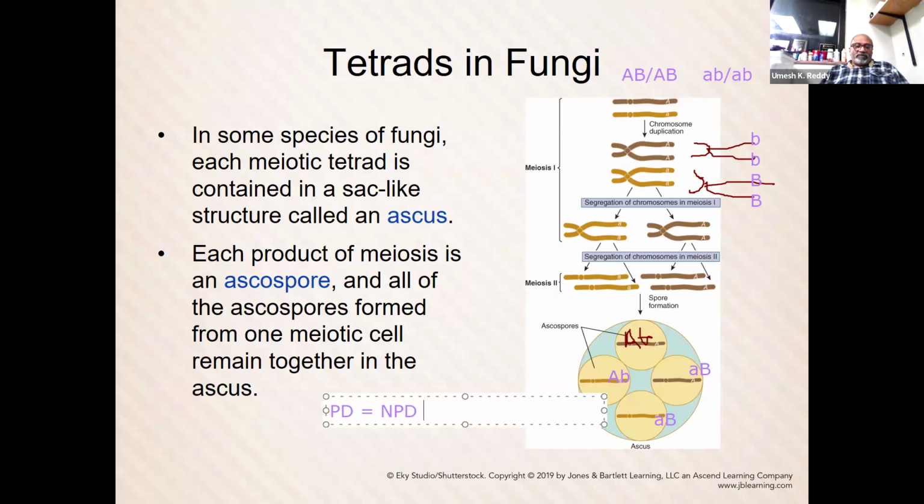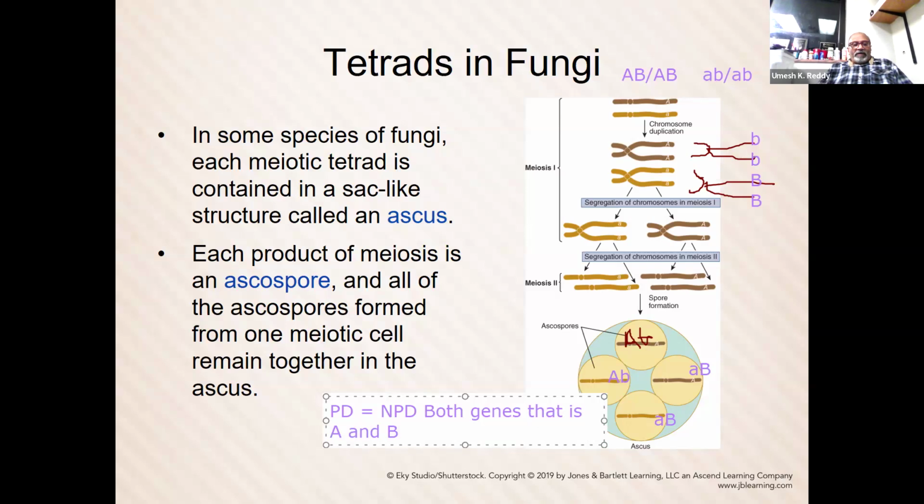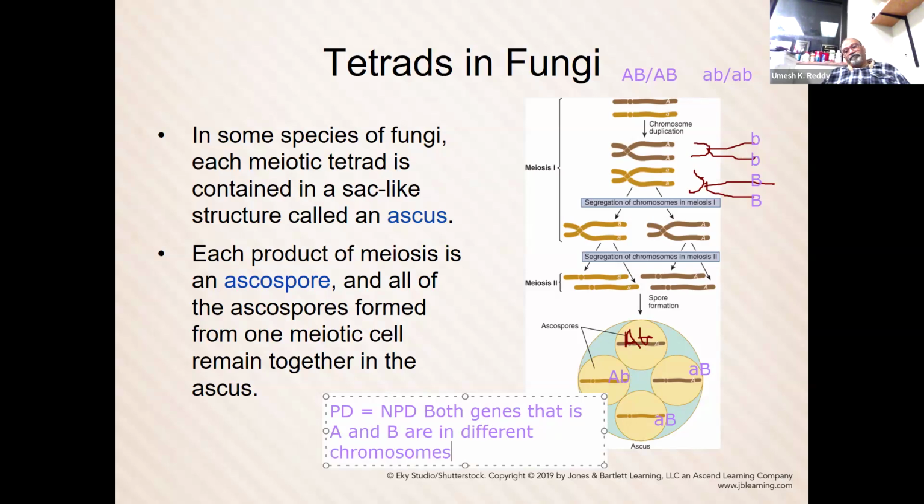Both genes are on different chromosomes. That is, A and B are on different chromosomes. So why did we get all 100% recombinants here?